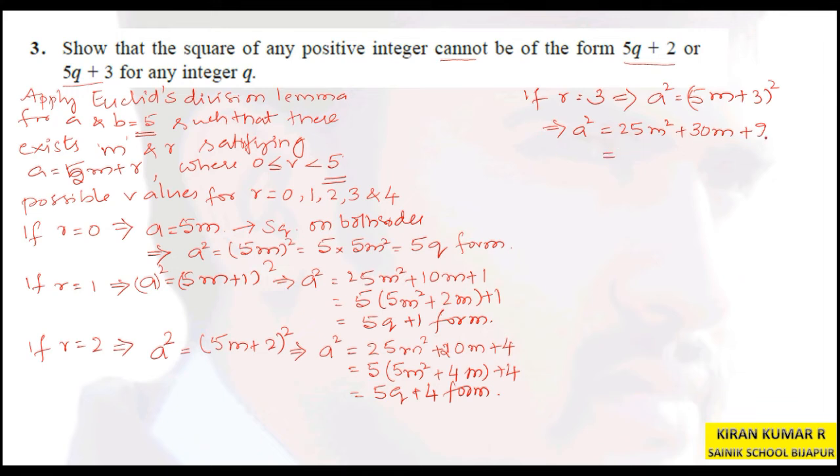This 9 I'll write as 5 plus 4. So it is 25m square plus 30m plus 5 plus 4. In the first three terms, 5 taken common, I'll be getting 5m square plus 6m plus 1 added to 4. Nothing but 5q plus 4 form.